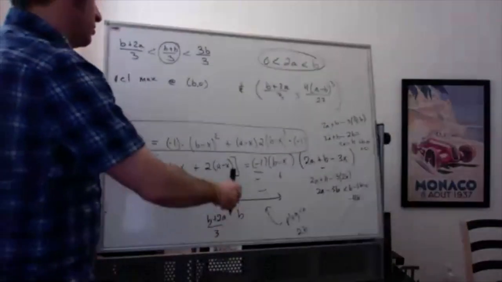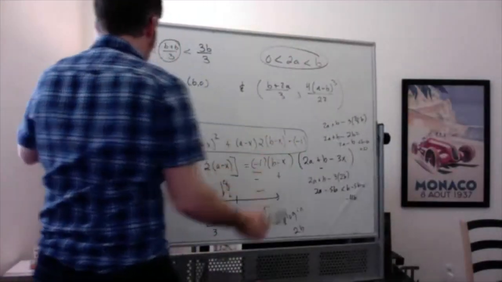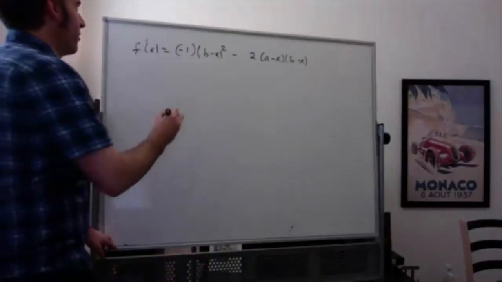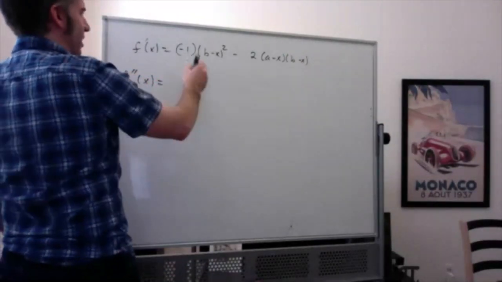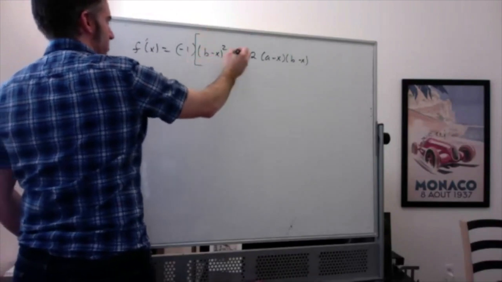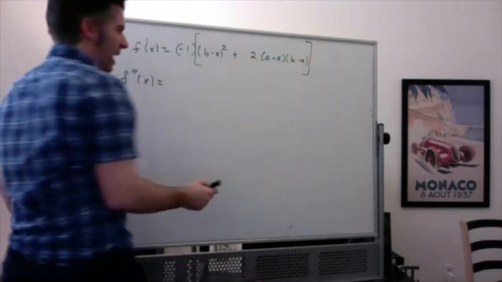All right, that's what I'm doing. Okay, let's take the second derivative. Let's factor out the -1. Now let's take the second derivative.